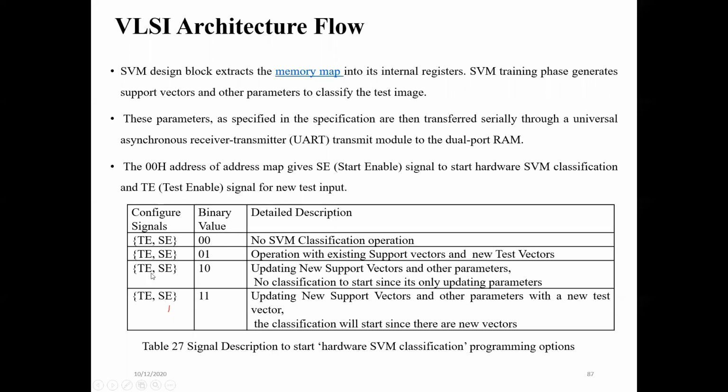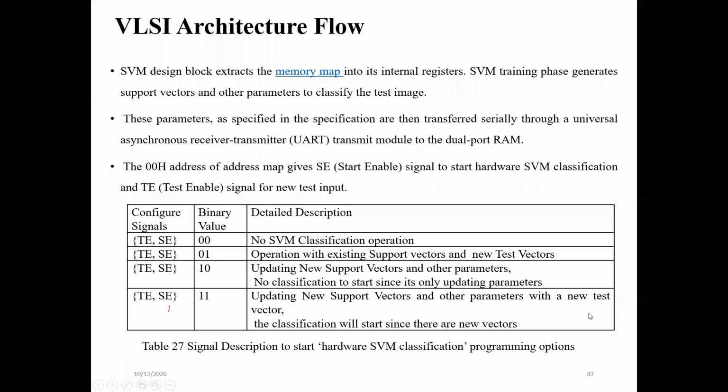As VLSI implementation consists of only ones and zeros, you may observe that only binary values like 0 0, 0 1, 1 0, 1 1 are given. For 0 0, no SVM classification operation. For 0 1, operation with existing support vectors and a new test vector. For 1 0, it is updating new support vectors and other parameters, no classification starts, since it's only updating parameters.